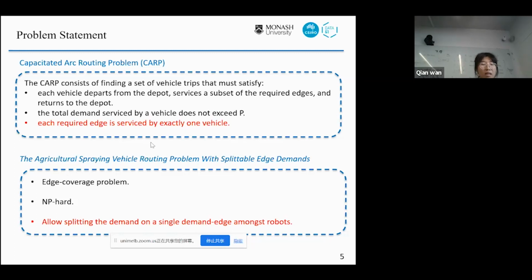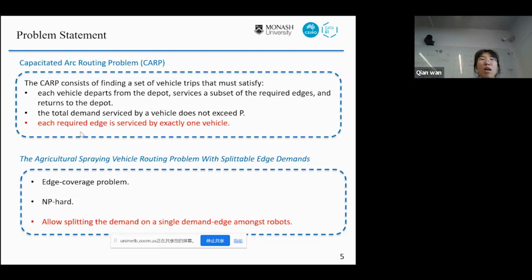The capacitated arc routing problem consists of finding a set of vehicle trips such that each vehicle departs from the depot, serves a subset of required edges, also called demand edges, and returns to the depot. The total demand served by a vehicle does not exceed the capacity of the vehicle, and each required edge is served by exactly one vehicle.